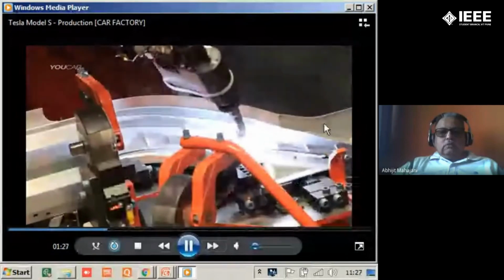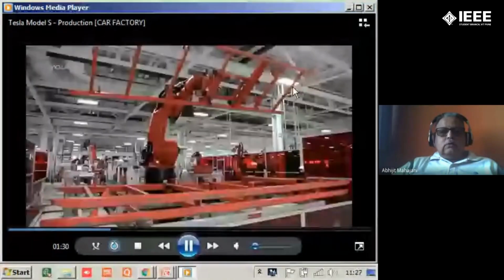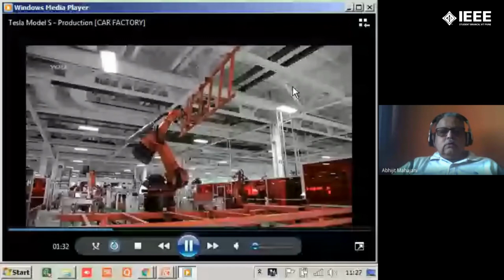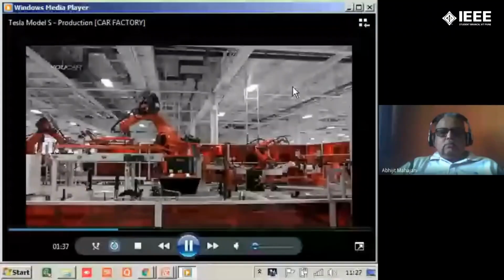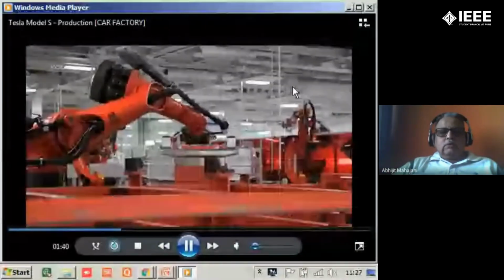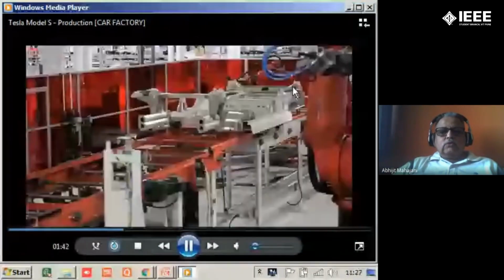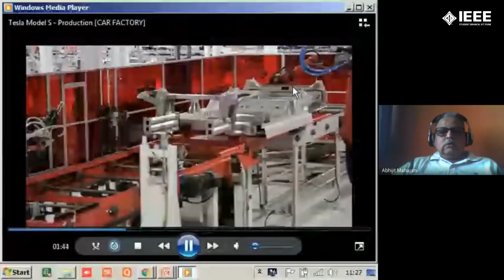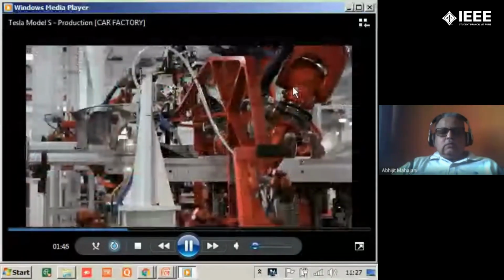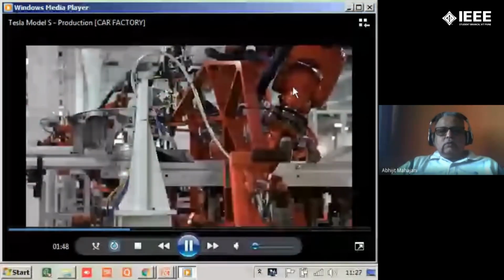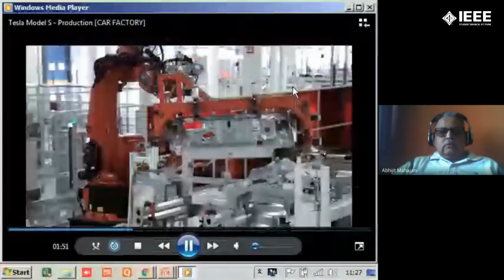Now this is a fixture for assembling the chassis. There goes the basic component of the chassis. And now you will find so many components being added to this. The body will be complete out here.